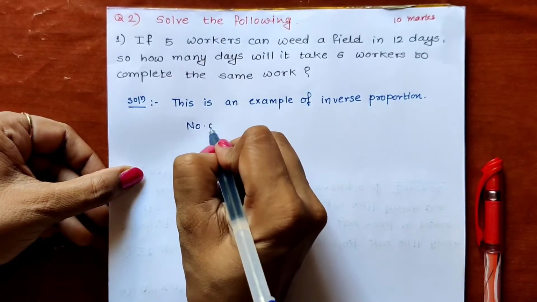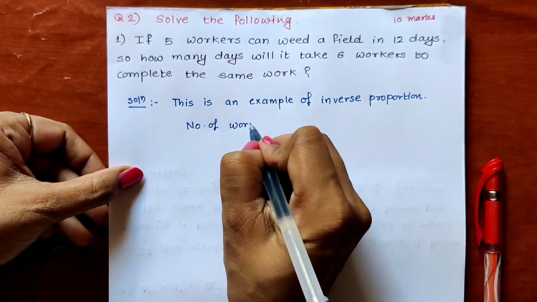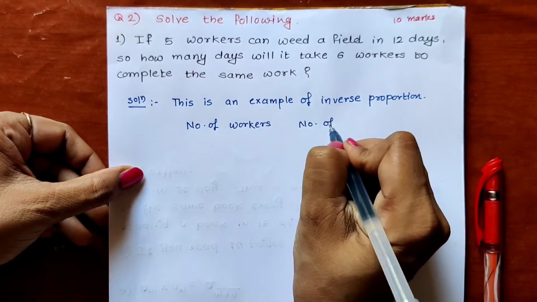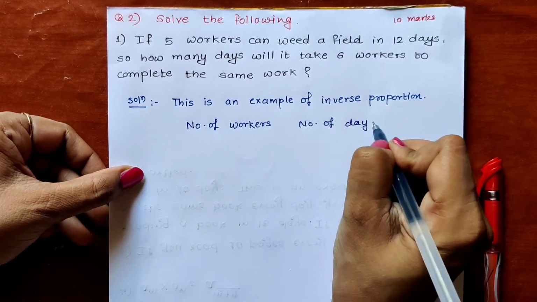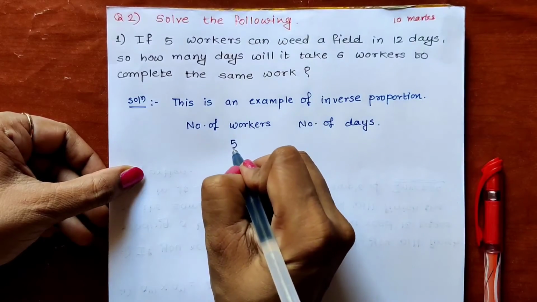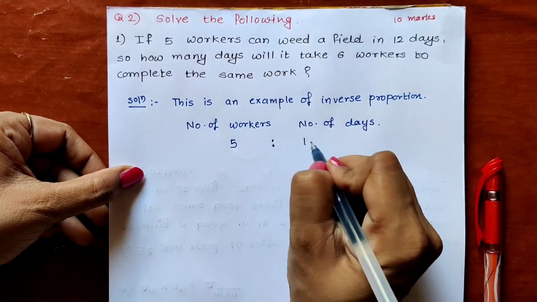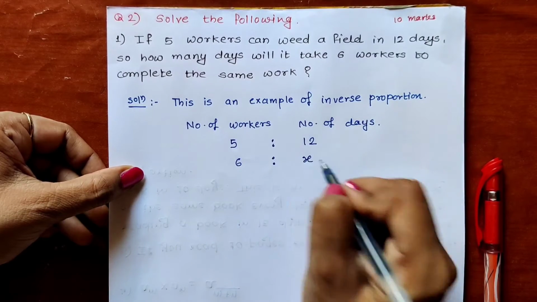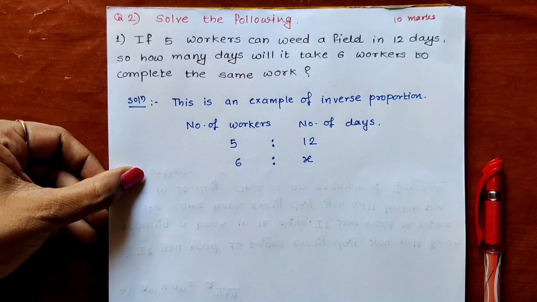Number of workers, number of days. 5 workers, number of days is 12. 6 workers, we have to find out. So we write X, because we don't know how many days 6 workers are requiring. So we have to write X.